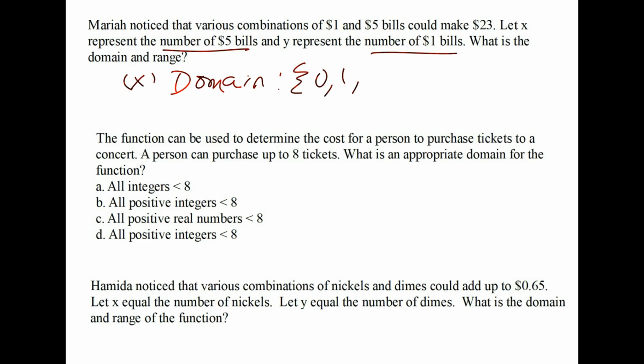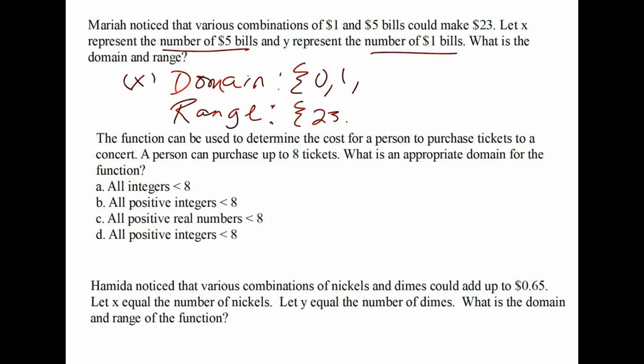I should do this at the same time so y'all can see it. I didn't do this when I did the notes, but I'm going to show you what I'm building here. So if I have 0 $5 bills, that means I have 23 $1 bills.